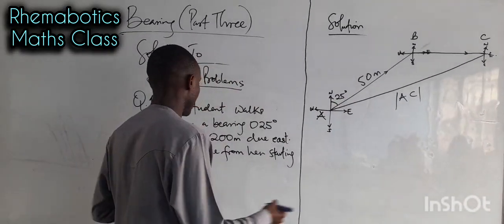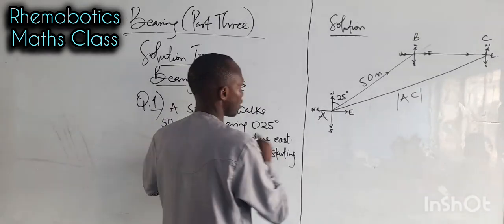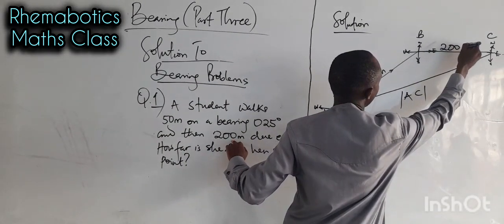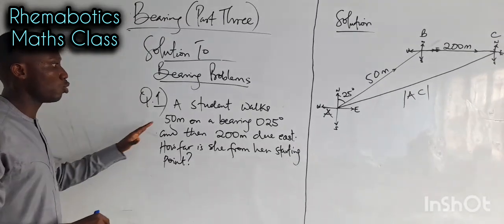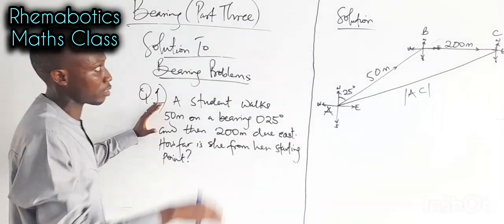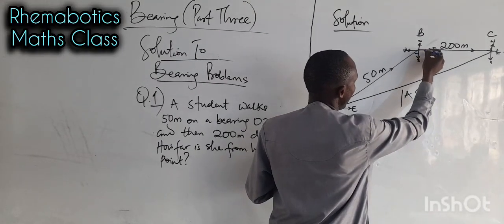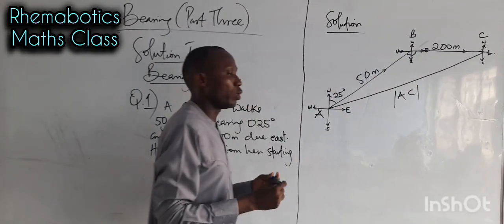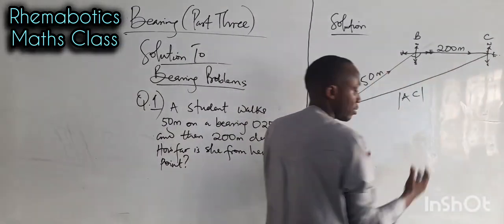So how do we do that? When you move due east, you move 200 meters. So the question is, what is the angle here? We need those 2 angles to get the angle between these 2 sides.